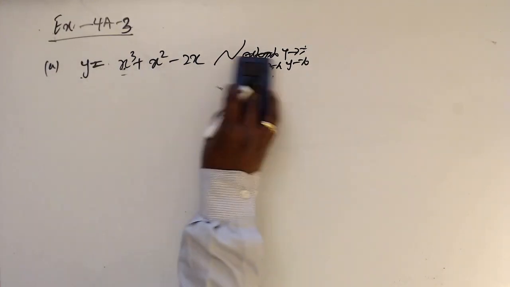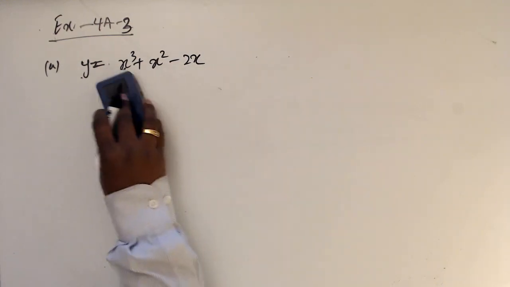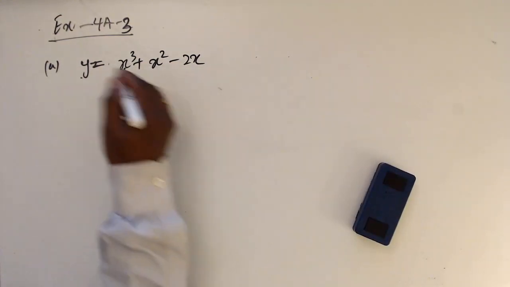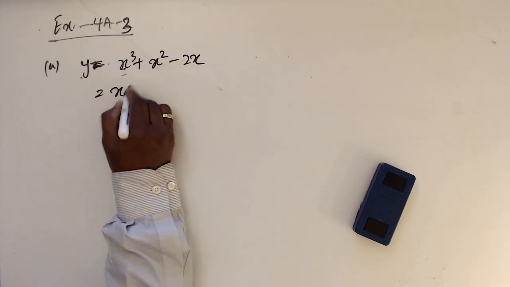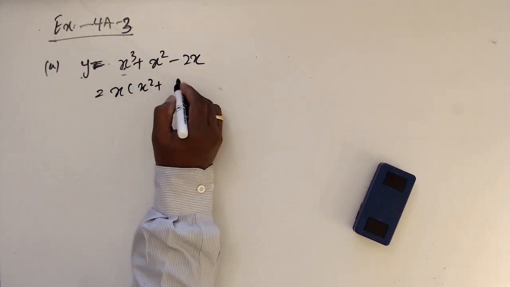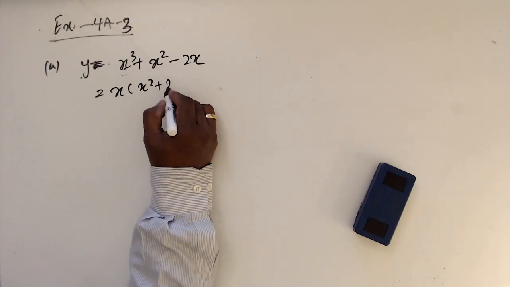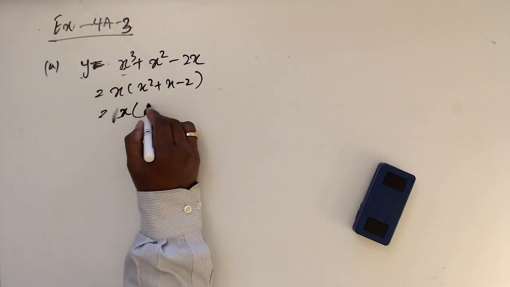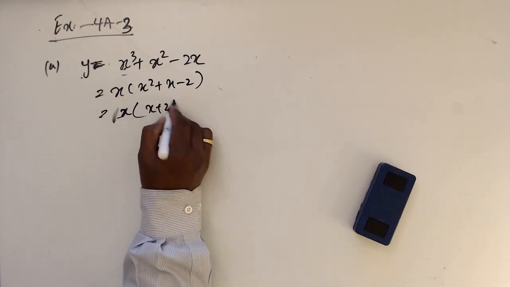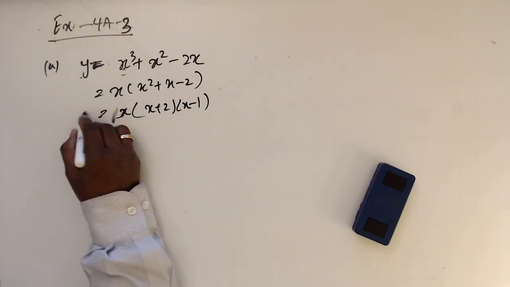The data we can get by looking at it. Okay, I'm going to factorize. This is going to be x squared plus x minus 2, and we see whether we can still factorize: x plus 2, x minus 1.